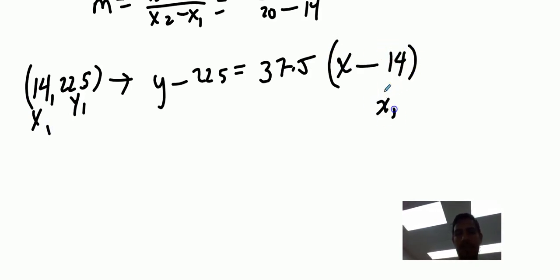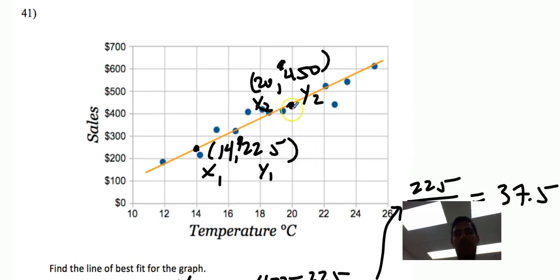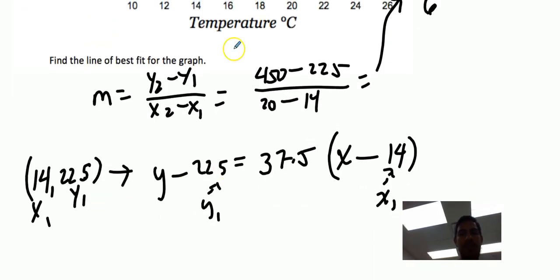Again, this value was x1, this value was y1, and the answer is going to totally differ here. So please be aware that I used 14, 225 and 20, 450. And there's my answer.